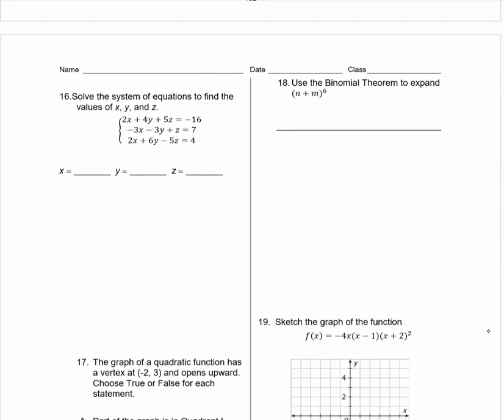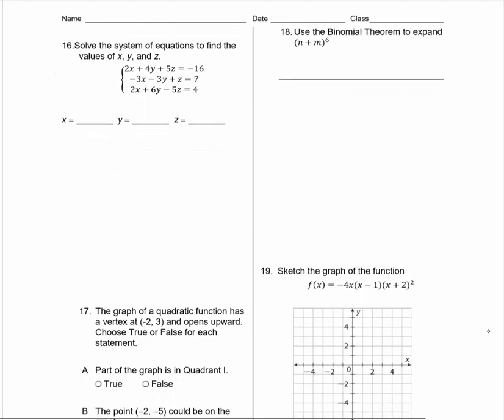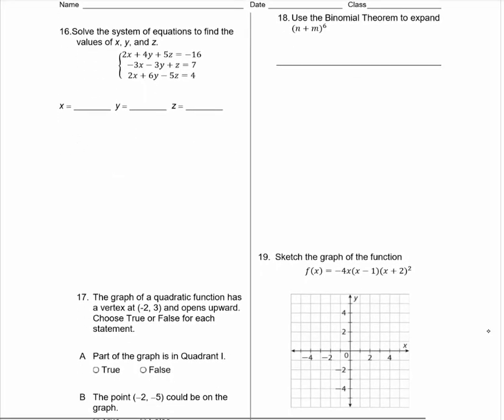Number 16, solve the system of equations to find the values of x, y, and z. So when we're doing this, my preferred method is elimination. And what I do is I look at the whole picture, at all of the x's, all of the y's, and all of the z's, and I say, what's the easiest thing to eliminate twice?